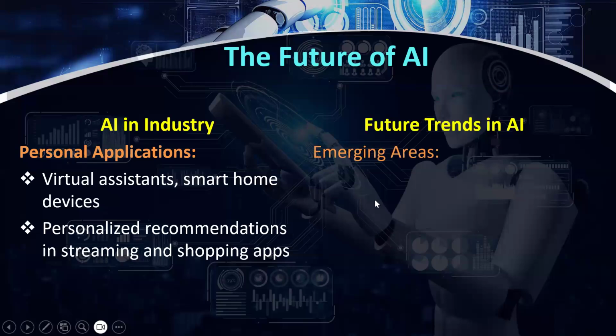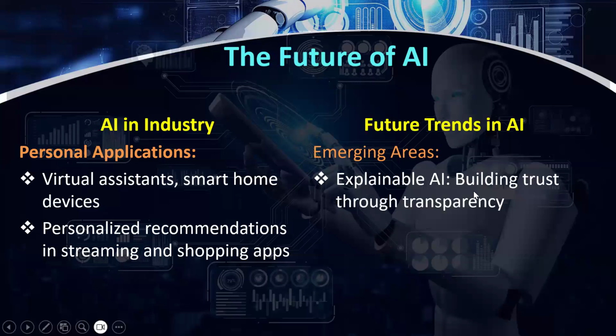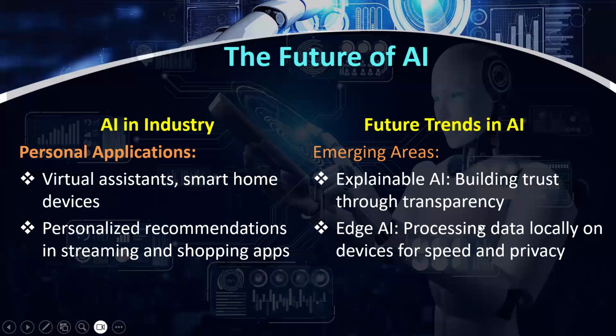Also, you want to see some emerging areas such as explainable AI, building trust through transparency, and also edge AI, processing data locally on devices for speed and privacy. This is like hosting AI locally on your device. Cool? Yes. That is pretty key.